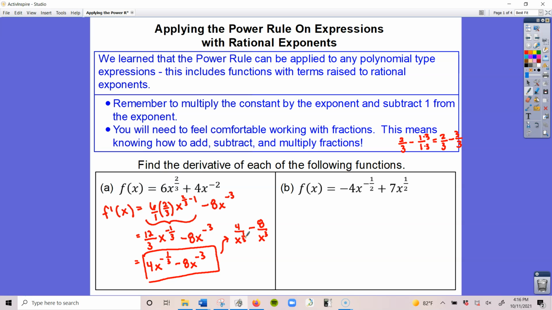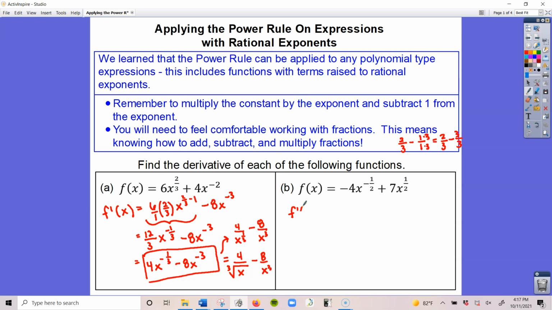Now this rational exponent, remember that the numerator of the exponent is the power of x and the denominator is the root. So this is the same as saying 4 over the cube root of x to the first power, which is just x, minus 8 over x to the third. And that's just another way of rewriting it. Either one of these answers, they're all identical, so they're all acceptable.